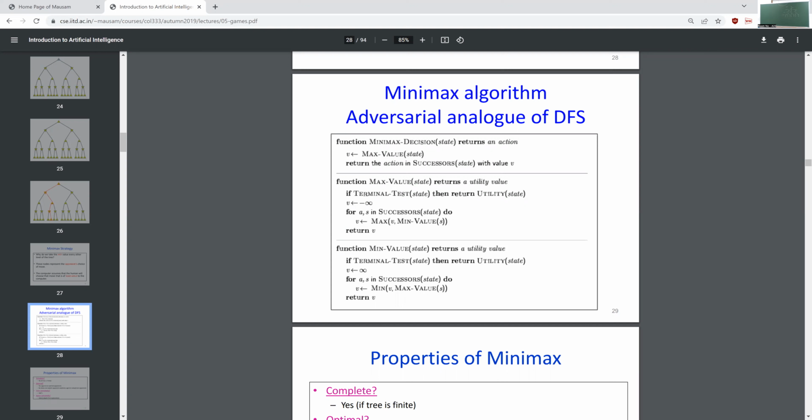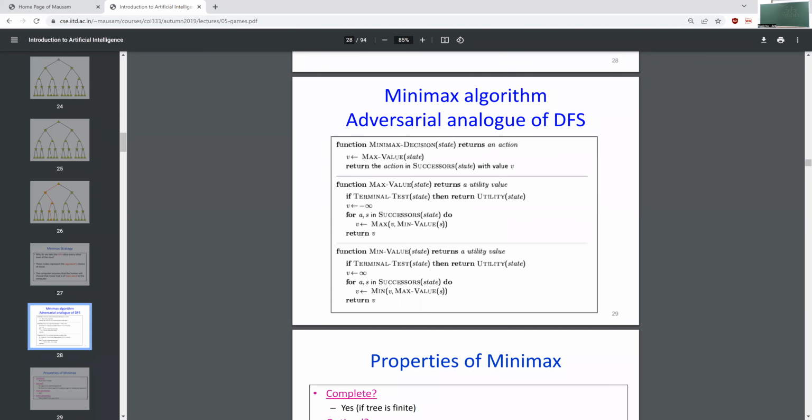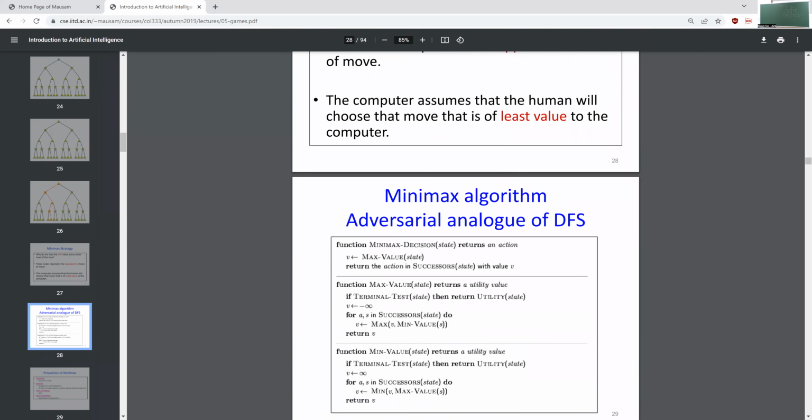Essentially, once you complete the for loop, the value of V is the maximum of the min values of the successors of the state. The picture will clarify. Max value of a state.